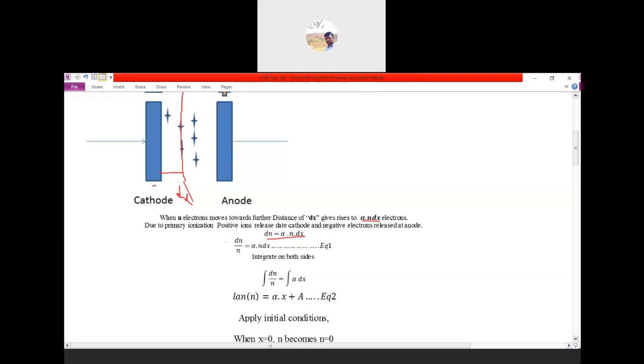Here dx is the distance, n is the total number of electrons, and alpha is the coefficient. So the total number of electrons is produced at the anode. The electrons flow from cathode to anode, and positive ions flow from anode to cathode.